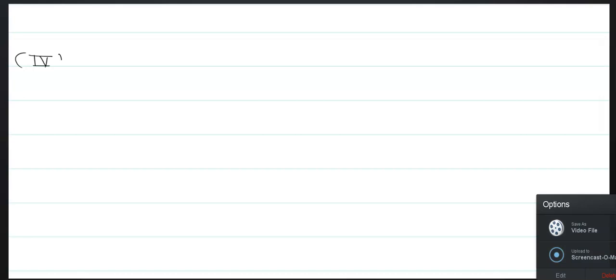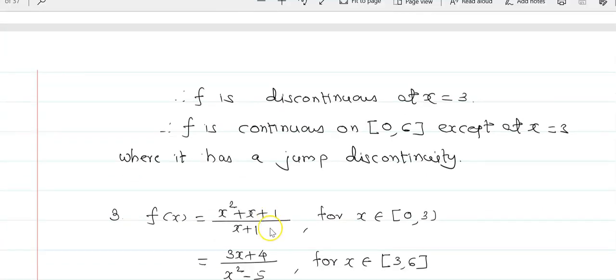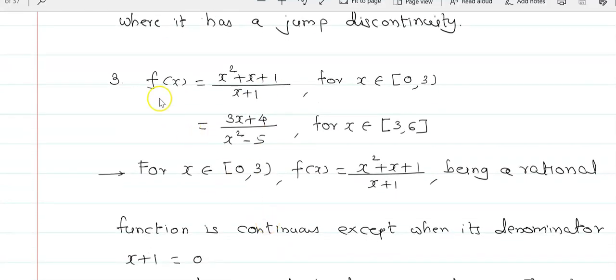Now we'll see this again. The function is f of x equals x square plus x plus 1 upon x plus 1 for x belonging to the interval 0 to 3, and 3x plus 4 upon x square minus 5 for x belonging to closed interval 3 to 6. The given function breaks at the point 3.